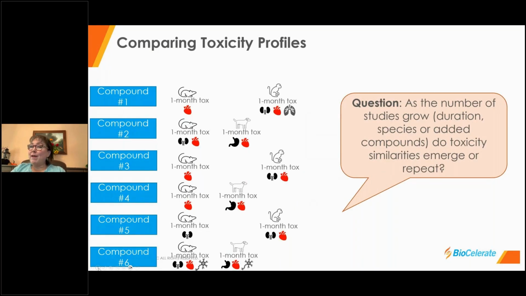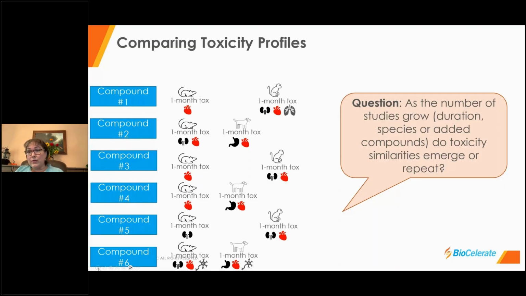Okay, so now let's make things a little bit more complicated. Let's say you have those same 6 compounds that you're looking at, maybe all the same pharmacologic class, and now you've added in 6 more studies. So now you have all of your non-rodent studies, maybe different species. You're looking at, let's say, 3 different species, but all 1-month tox studies. Maybe your question is, I saw this cardiovascular signal in the rat.